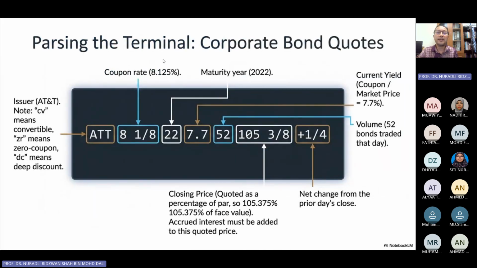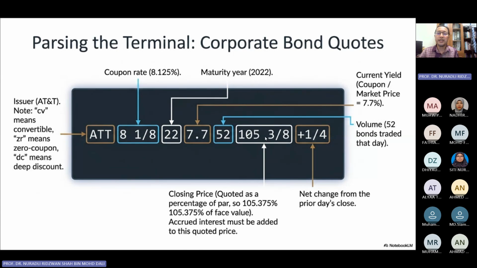Okay, this is a corporate bond quote on the terminal. This is the issuer AT&T, a telephone company in the US. Coupon rate is 8.125%. Maturity date is 2022. And this is the current yield, about 7.7%. And this is the volume, how many were traded on that particular day.